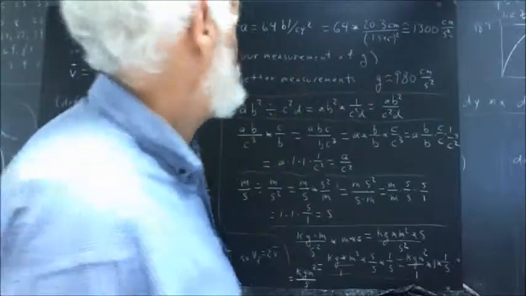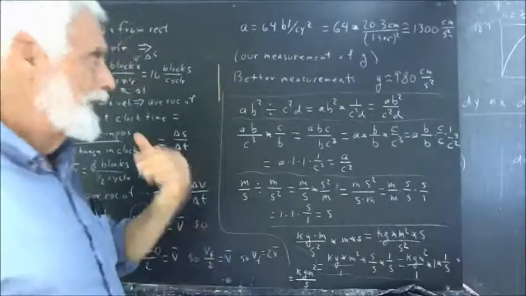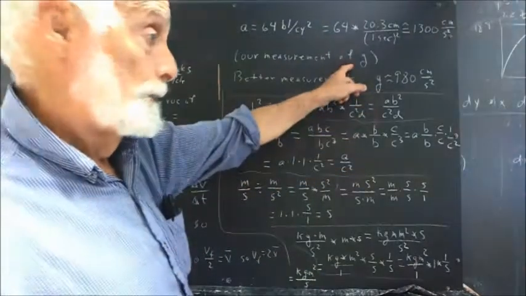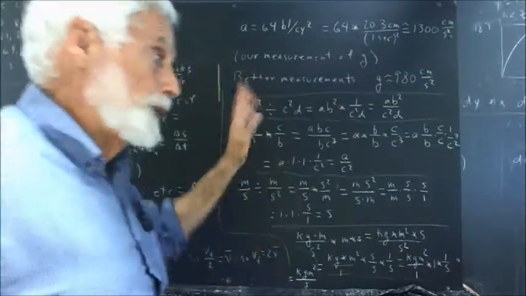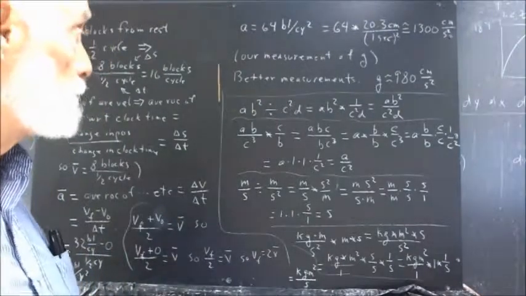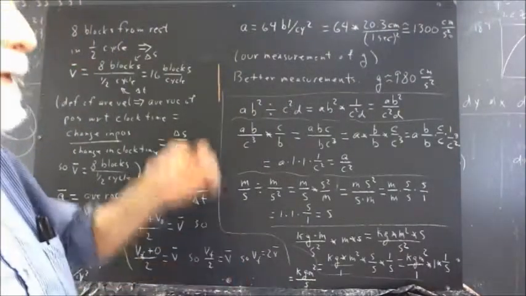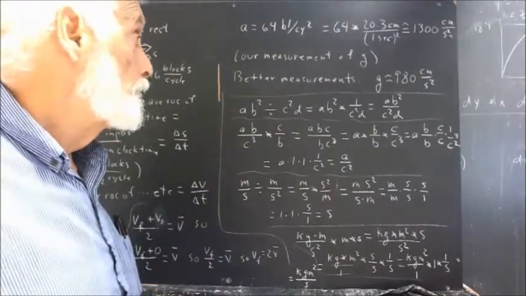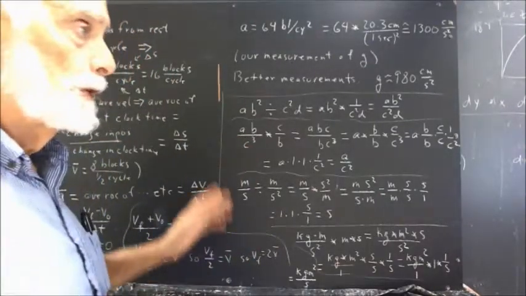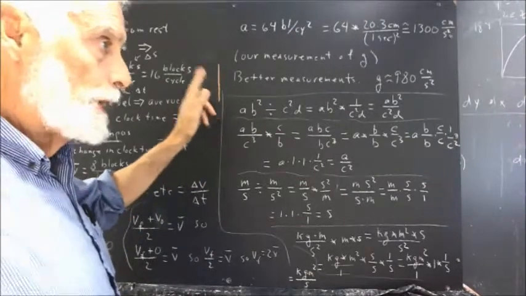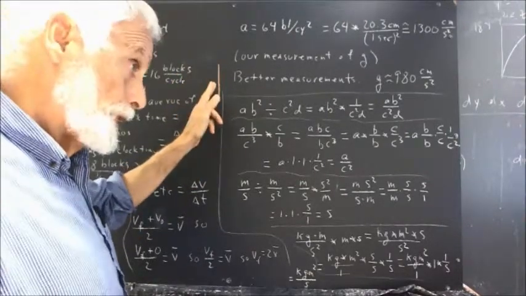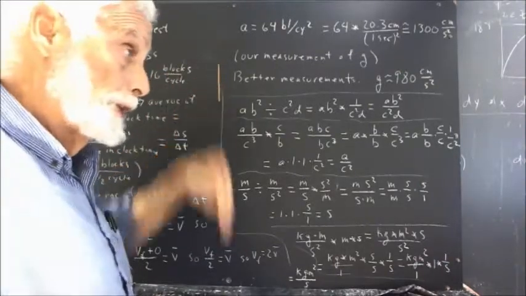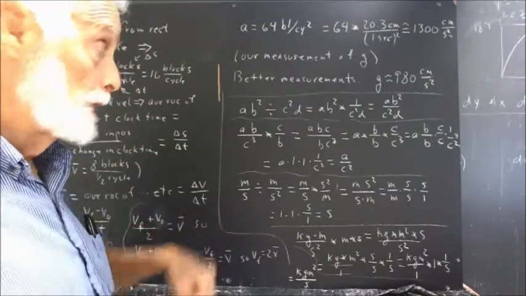My measurement of g, according to the data that I observed. You might observe things more closely and modify that. You could take the information from the video. You could measure how long the pendulum took, and you could try to observe exactly where the pendulum was when the domino was released, and exactly where the pendulum was when the domino hit the floor, when you heard the sound of the floor.